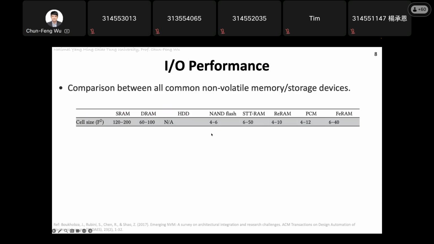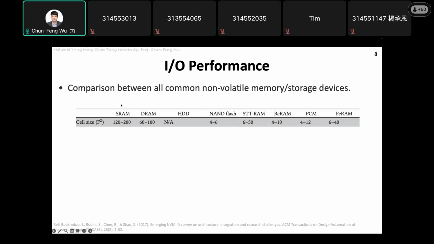So I put several devices together for comparison: SRAM, DRAM, hard disk drive, NAND flash, STT-RAM, and so on. First of all is the cell size, which is the most fundamental, smallest unit of each device, and how large it is.